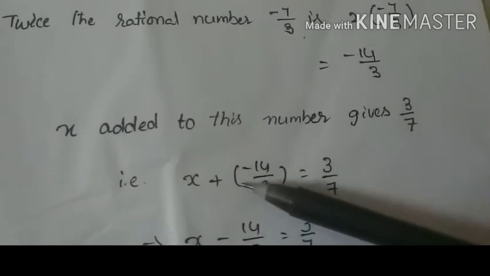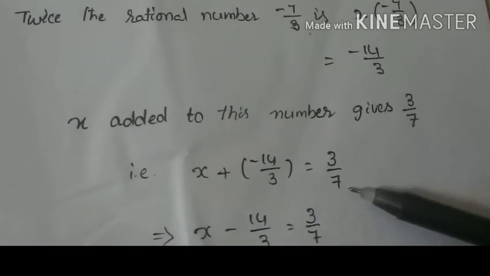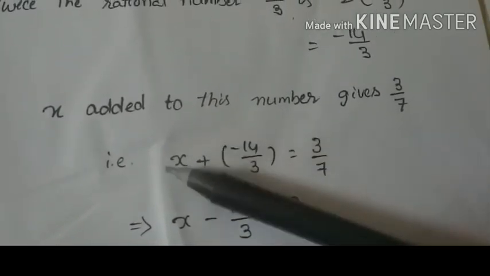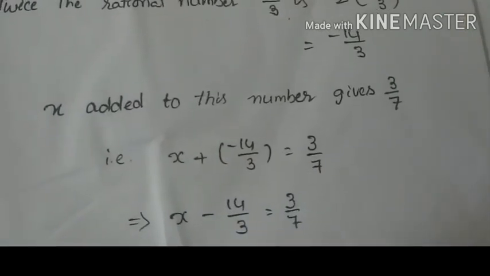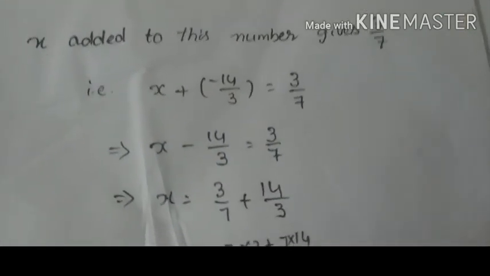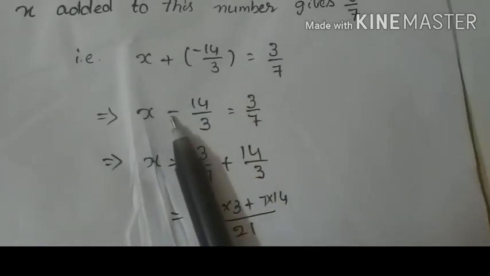We are adding these two numbers, then only we got 3 by 7. Now we have to find the unknown value x in this equation. So x minus 14 by 3 is equal to 3 by 7.